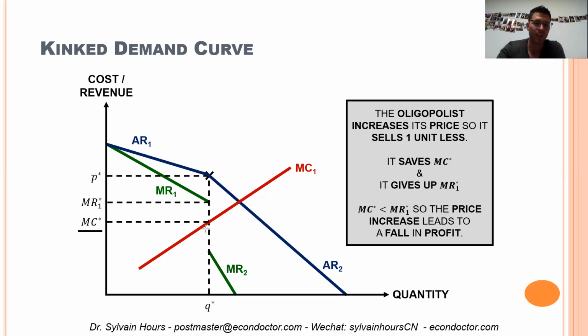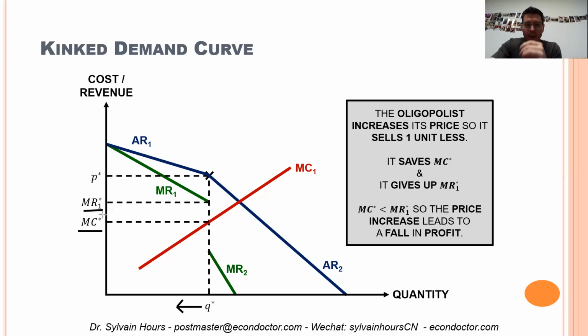And if I start from Q star and I raise the price, I sell one less unit, so I move to the left, right? So where is the marginal revenue? Slightly to the left of Q star, it is exactly there, MR1, okay? This is the marginal revenue at Q star minus 1. This is the upper section of the marginal revenue curve.